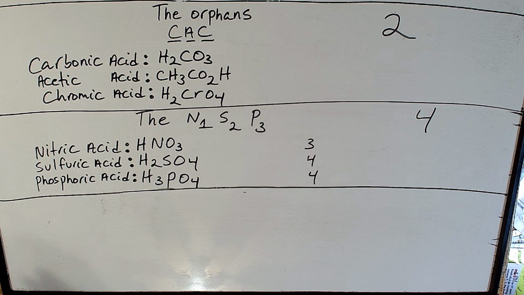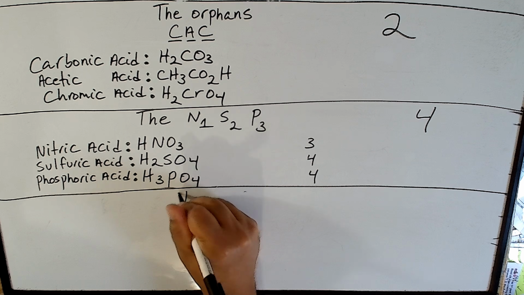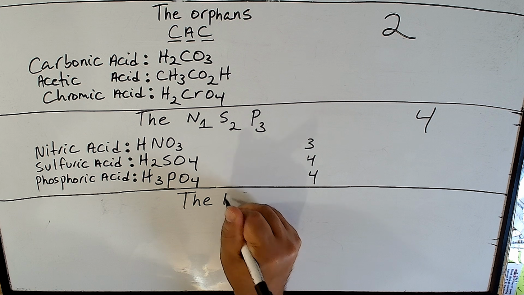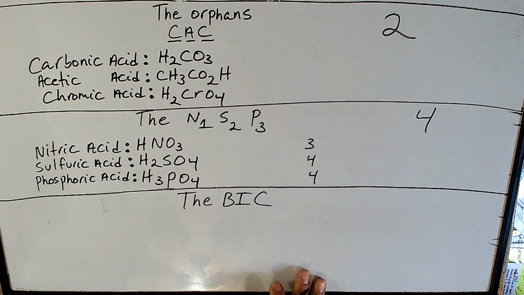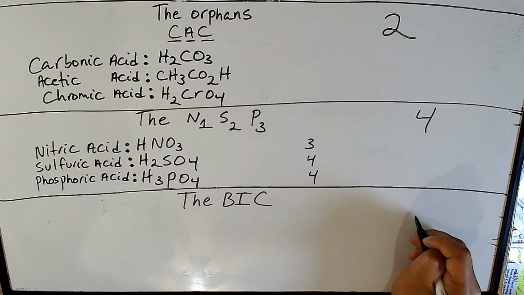The last family, I call it the big family, almost like the word big as in B-I-G. And it's the biggest family. It consists of a family of 8.